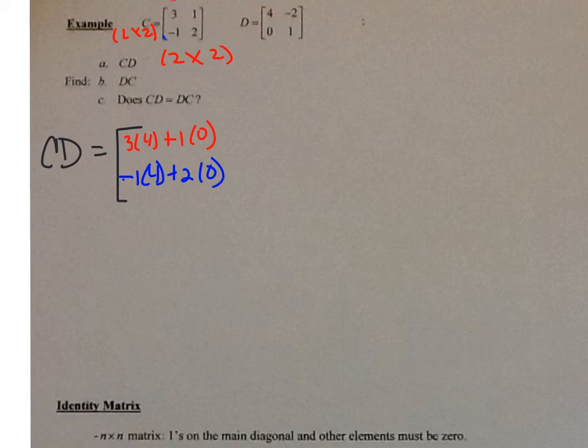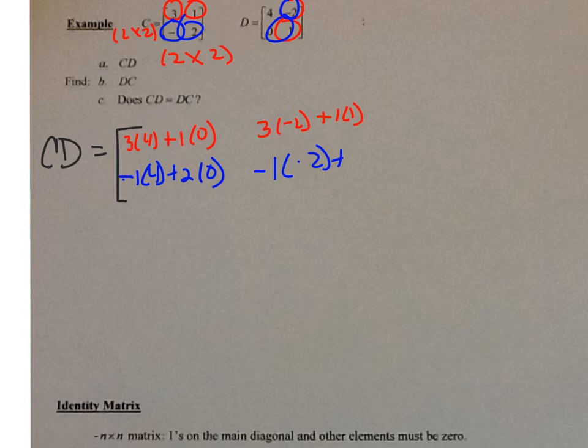Okay, and then it's going to be 3 times -2 plus 1 times 1. And then it's going to be -1 times -2 plus 2 times 1.